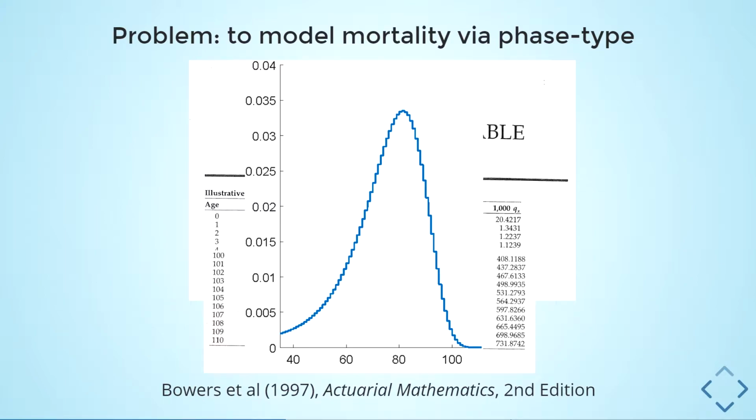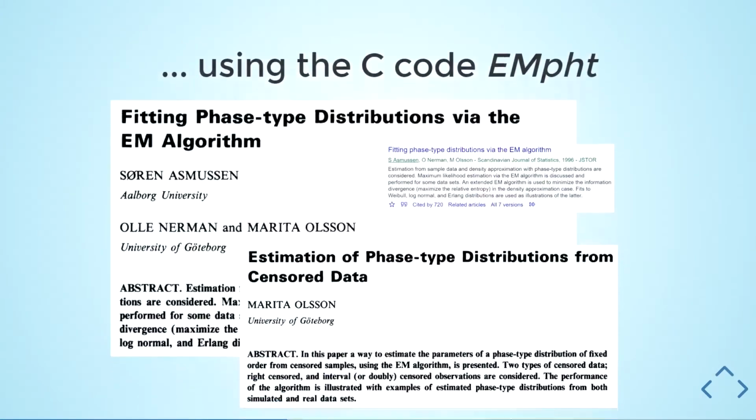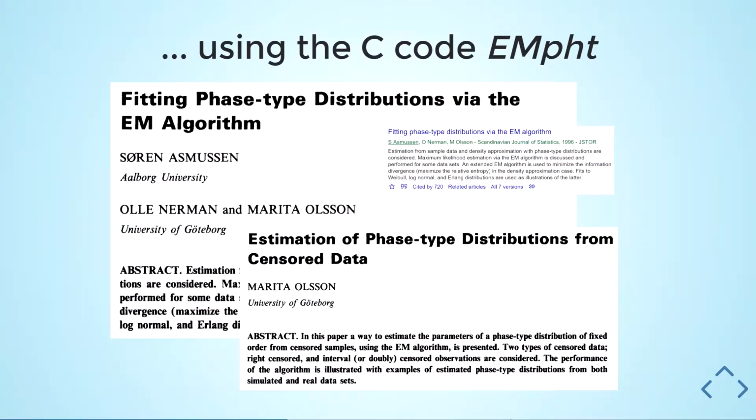And that's what the PDF of the life table looks like. And he just wanted to fit a phase type distribution to this data. And they already had written these papers in the 90s which give an algorithm that fits phase type distributions and released the code that does it.